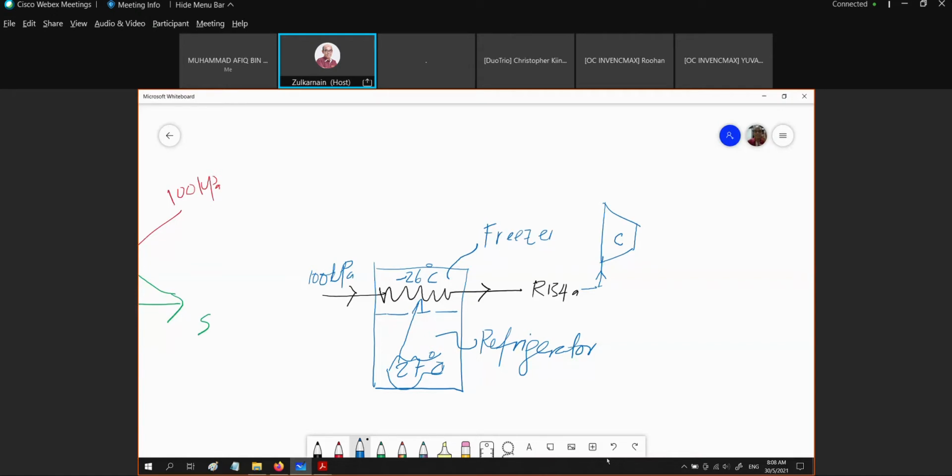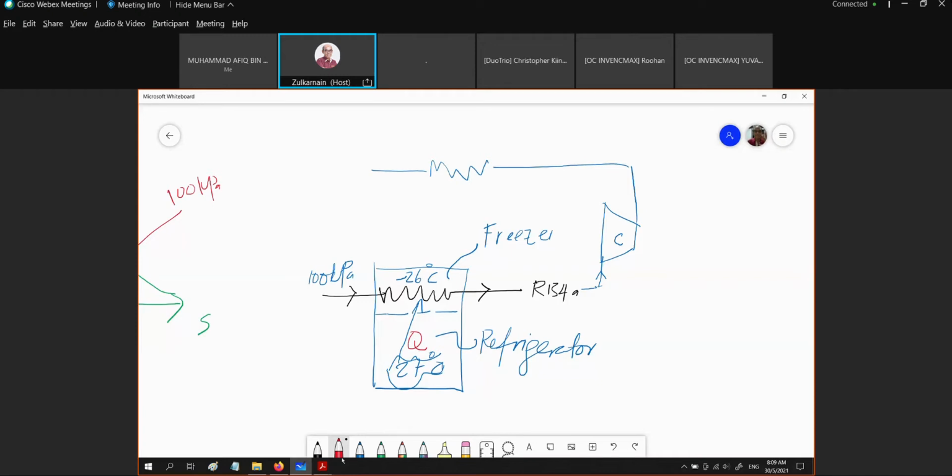Then we compress the refrigerant up to what pressure? Up to the pressure whereby we are going to reject this heat. Let's say this is the heat absorbed in the freezer. We want to throw it away, to reject it at the environment.